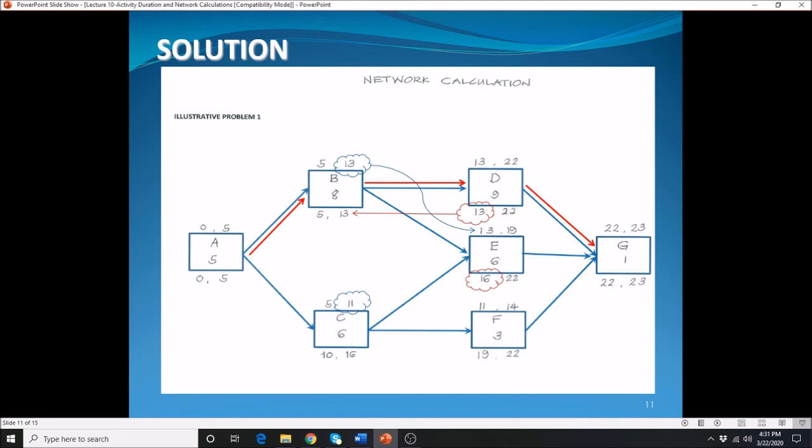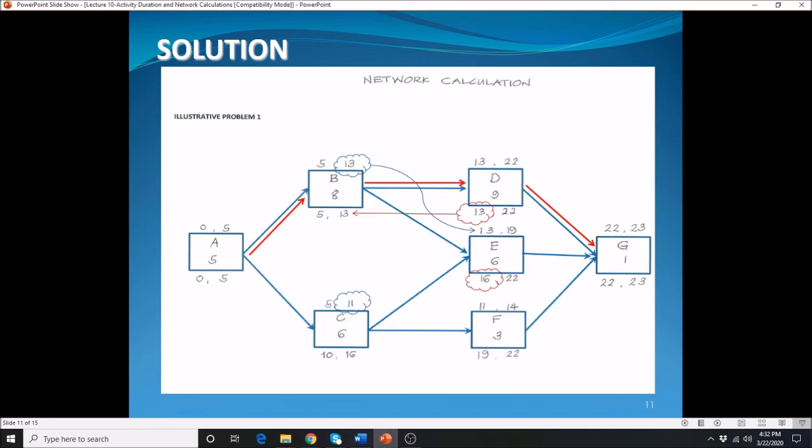To determine the late finish of a given activity, you have to consider whichever is the minimum of the late start of the succeeding activities. The third thing that you need to keep in mind is how do you determine which activities have a critical path. Take note of this.